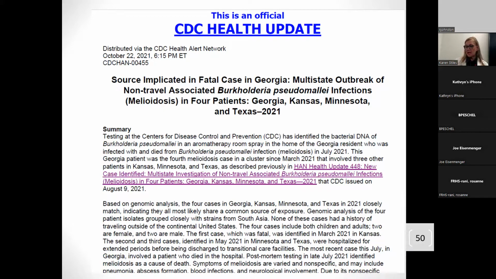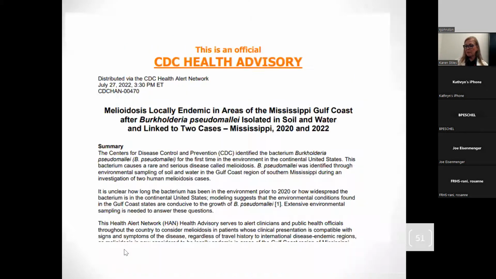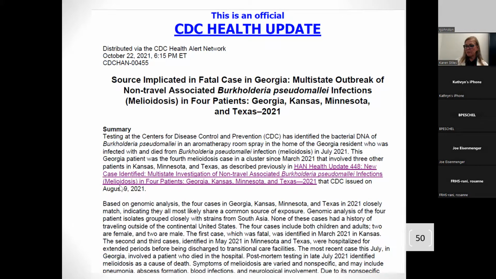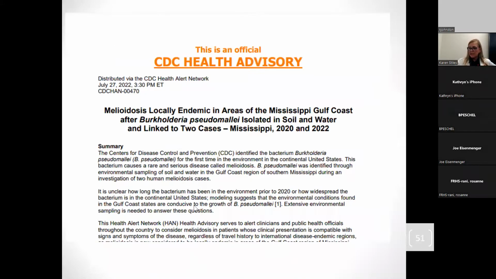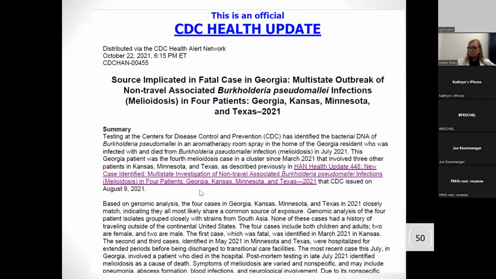But they had a case of melioidosis. Is that how we decided to pronounce that? But what happened, out of these 4 cases, 2 people did die. And that is significant.